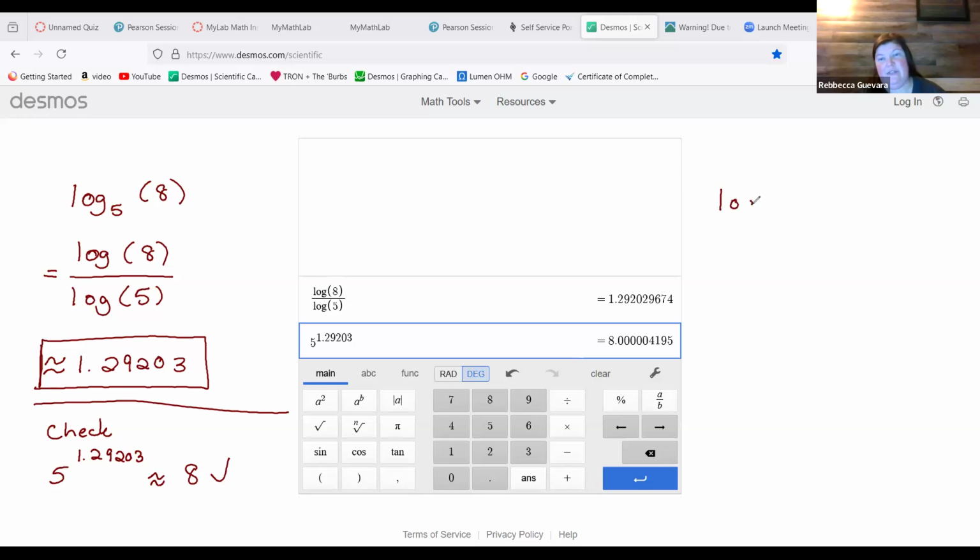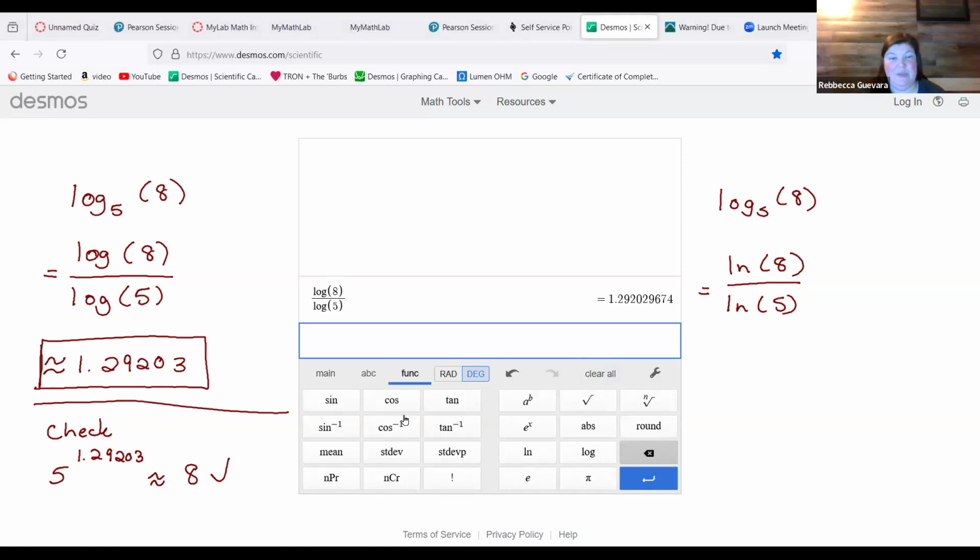Alternatively, I could have done this by using natural logs. We already did common logs. So natural log of 8 over natural log of 5. I'm going to clear out this part so we can see these right next to each other.